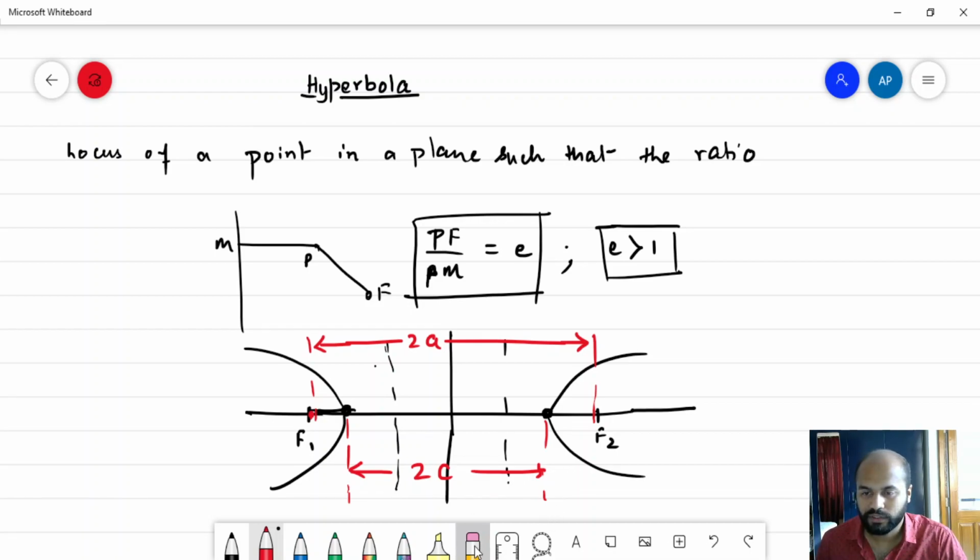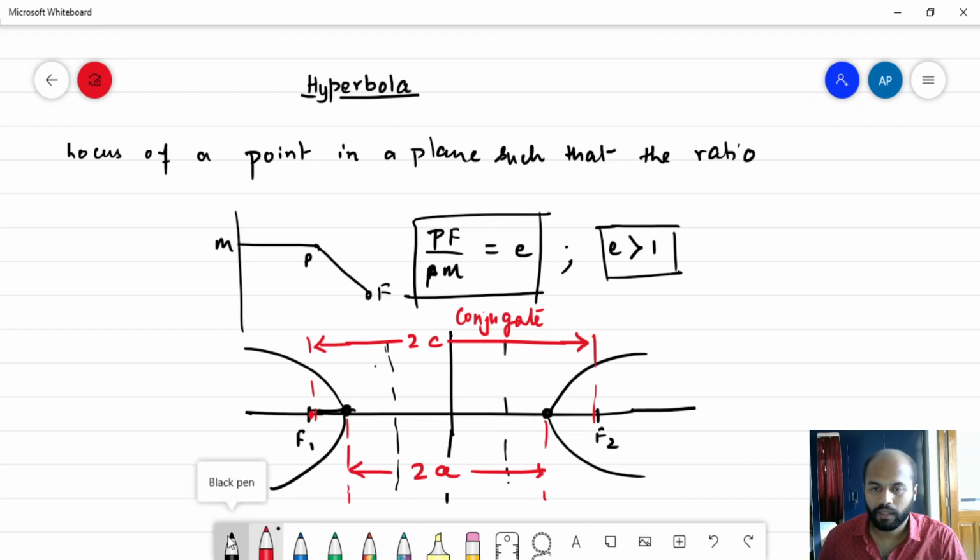There's a slight change in this. This has got to be 2a and this is going to be 2c. So in the case of hyperbola, this is called the conjugate axis and the horizontal one is called the transverse axis.